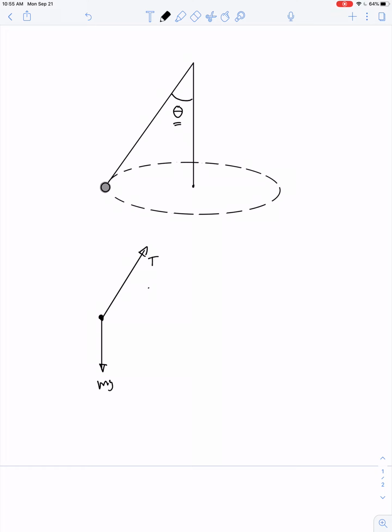So this is our unresolved free body diagram. If we make an x and y axis, notice that the motion of the ball is entirely within the horizontal plane, right? So its centripetal acceleration points along the x-axis.